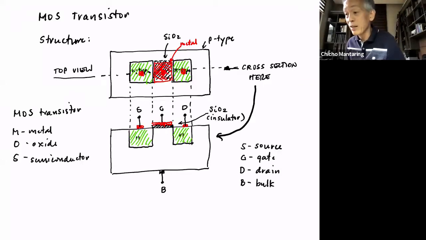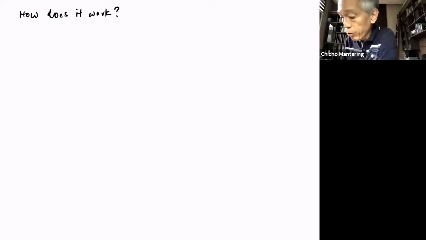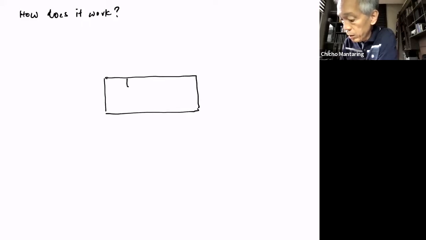So how does it work? Let me draw again the cross section here. So this is my cross section.